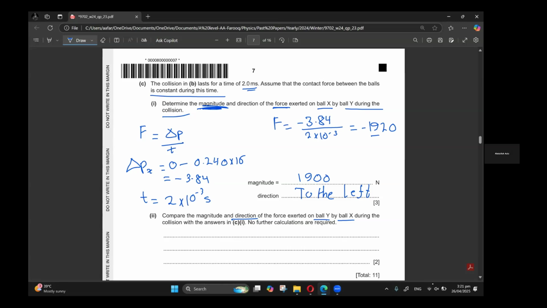The magnitude is equal, but since it acts in the opposite direction, it will be in the opposite direction. Basically, this is Newton's third law.